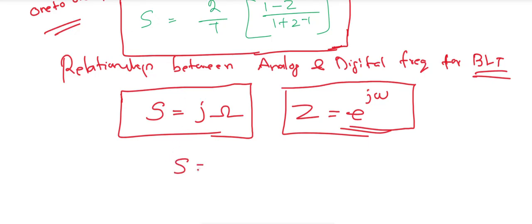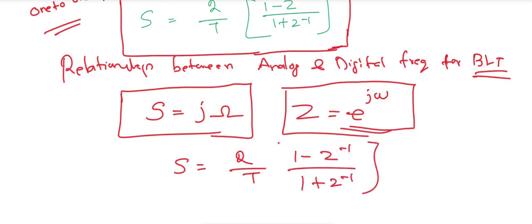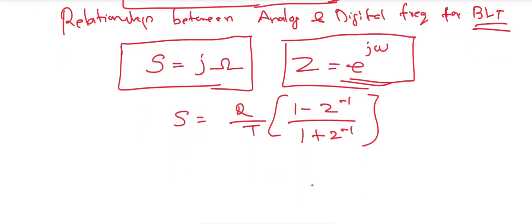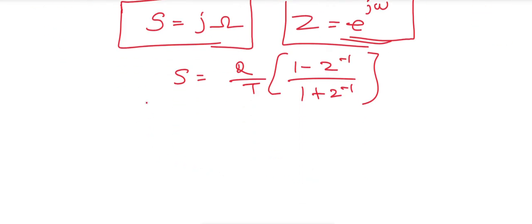So what is s actually? s is equal to 2 by T into 1 minus Z inverse by 1 plus Z inverse. So put s equal to j omega and put Z equal to e power j omega.